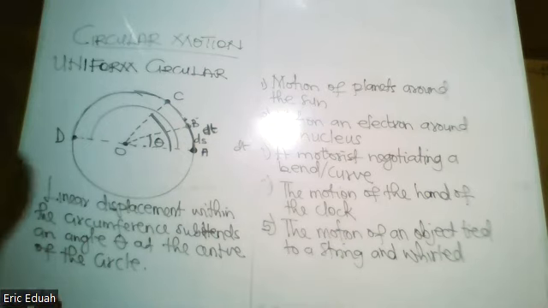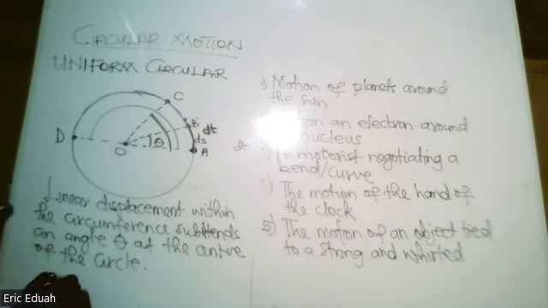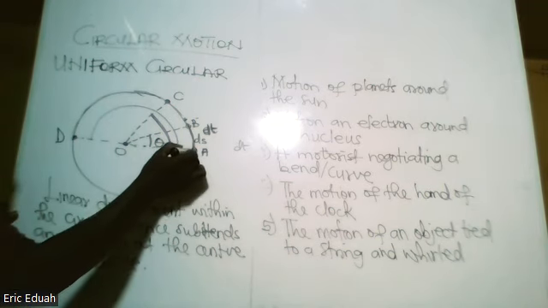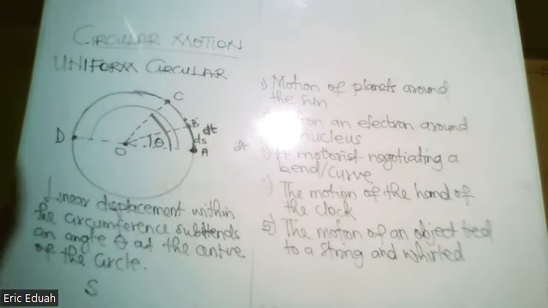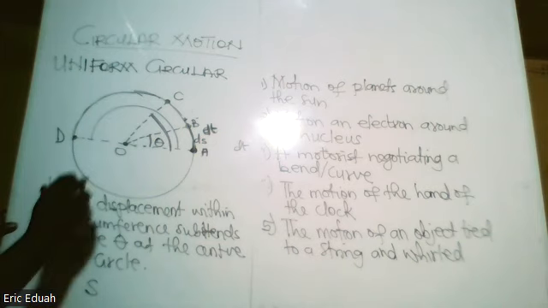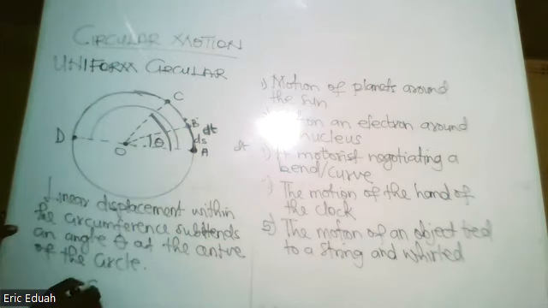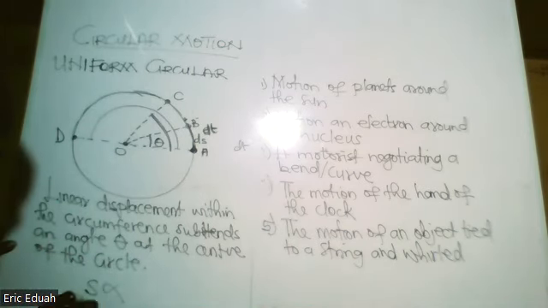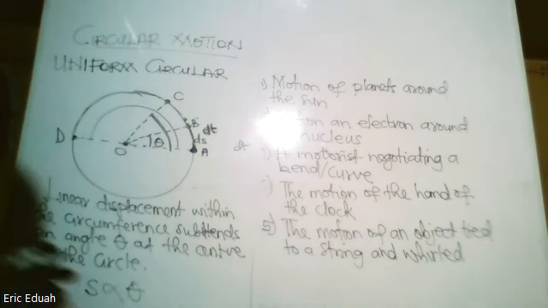And so we conclude that the linear displacement S, because this time it can be large, we are moving from ds to S. Okay, the linear displacement within the circumference S is directly proportional to the angle subtended at the center theta.